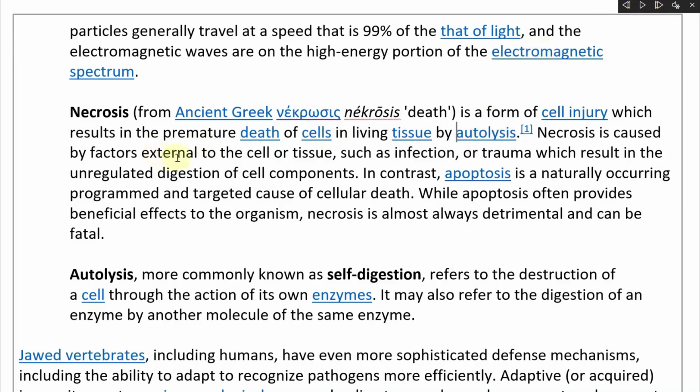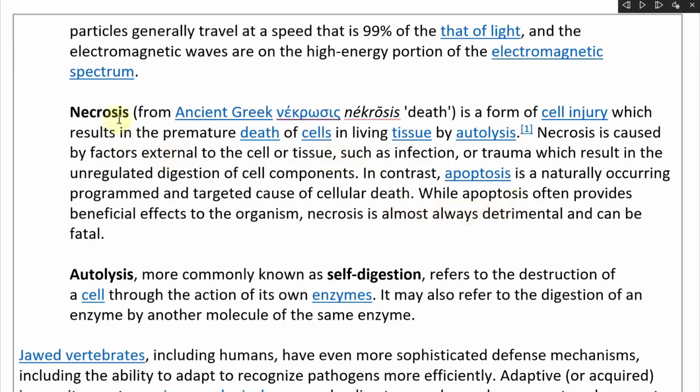Necrosis is caused by factors external to the cell or tissue, such as infection or trauma, which result in the unregulated digestion of cell components. In contrast, apoptosis, see the pronunciation here. Apoptosis. Yeah, apoptosis is a naturally occurring programmed and targeted cause of cellular death. While apoptosis often provides beneficial effects to the organism, necrosis is almost always detrimental and can be fatal.